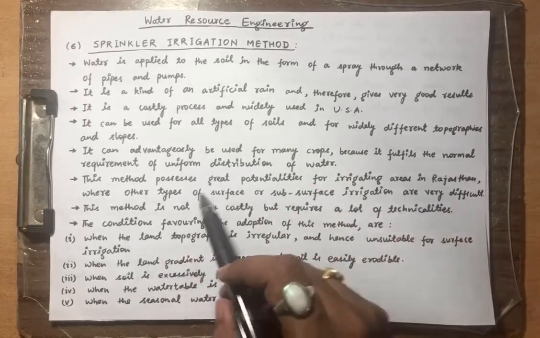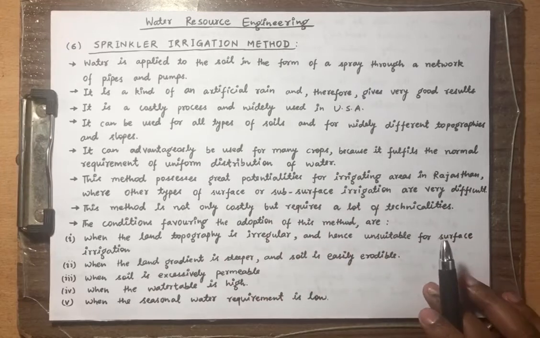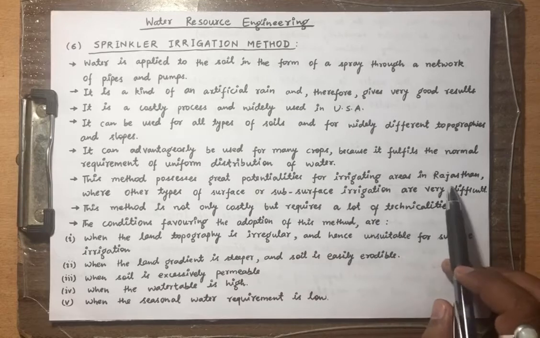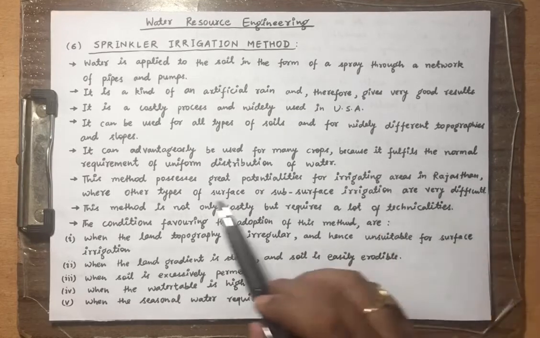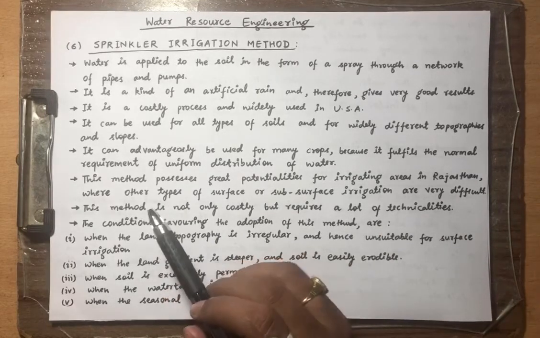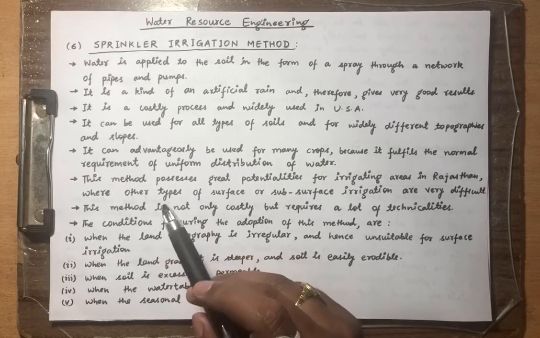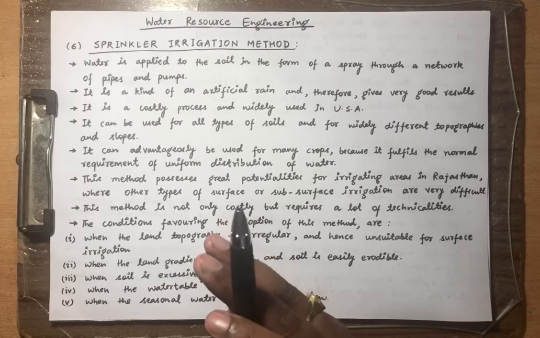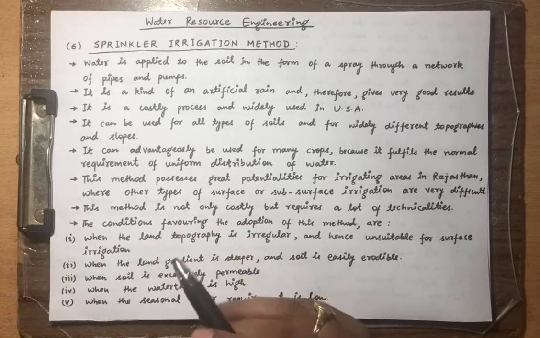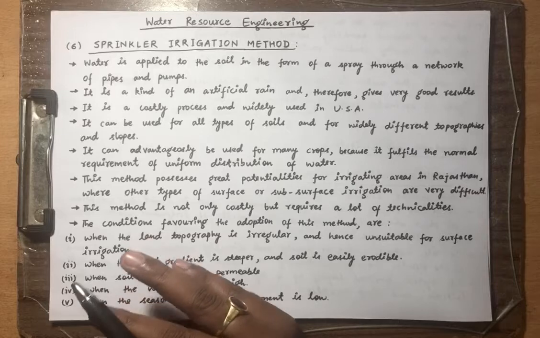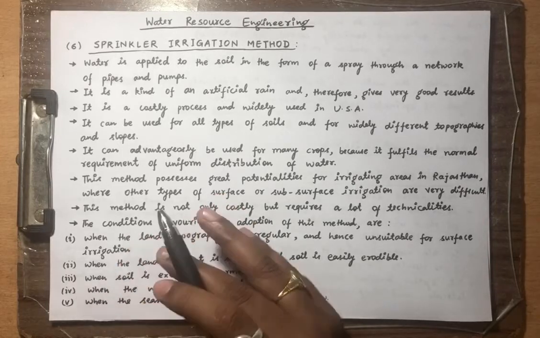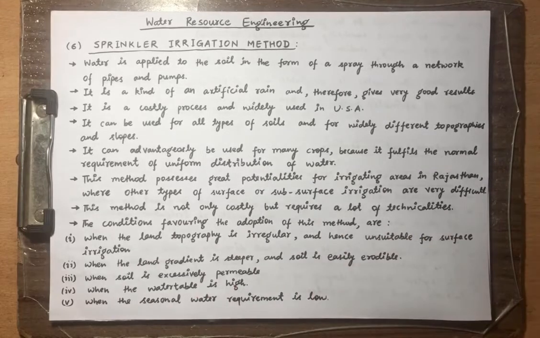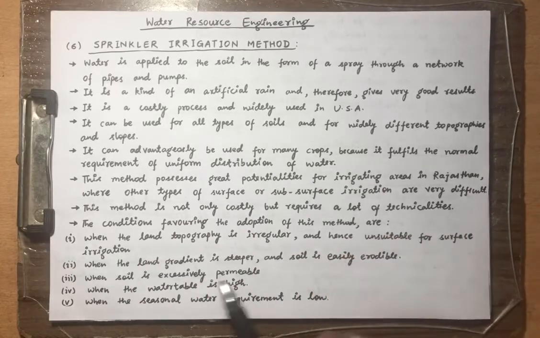That is why it has great potential in Rajasthan, where other types of surface or subsurface irrigation are very difficult, because there is very little water, and that too it is not evenly distributed. The topography is not even, it is irregular. So that is why it can be used widely in Rajasthan.